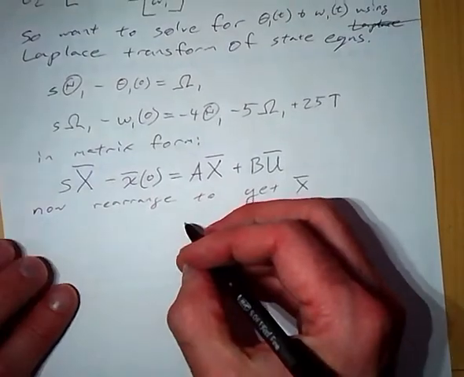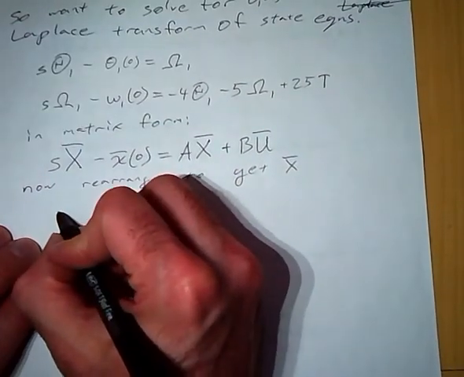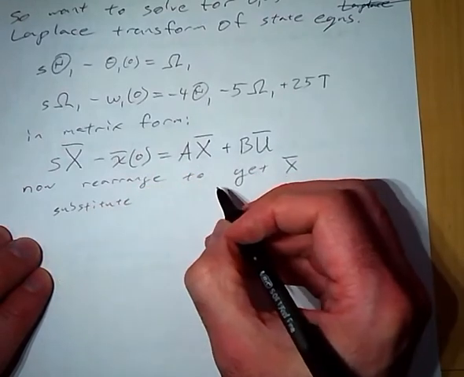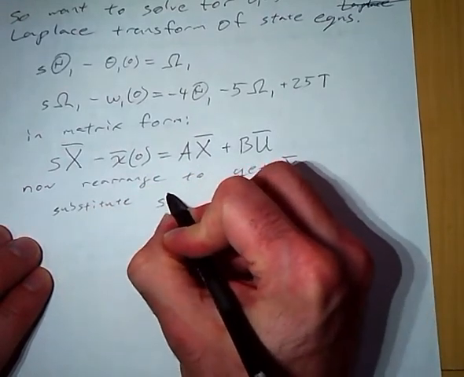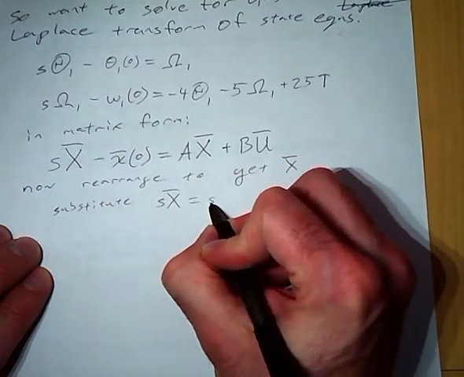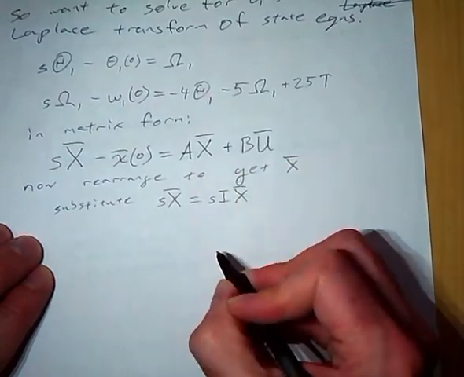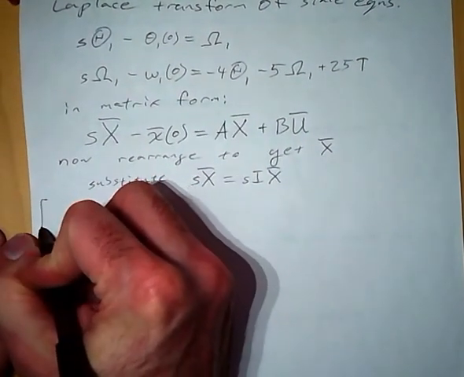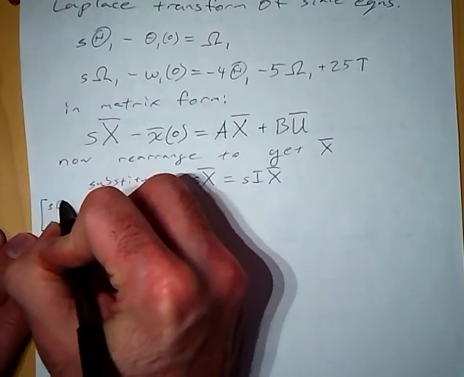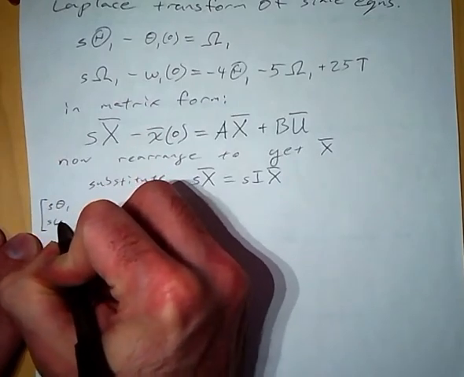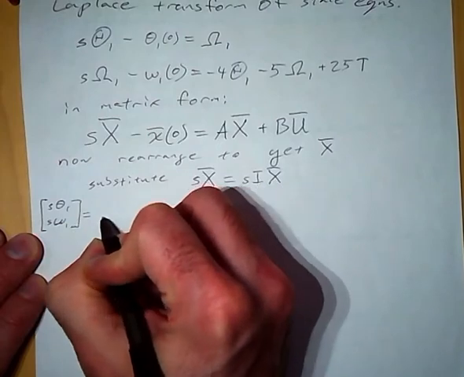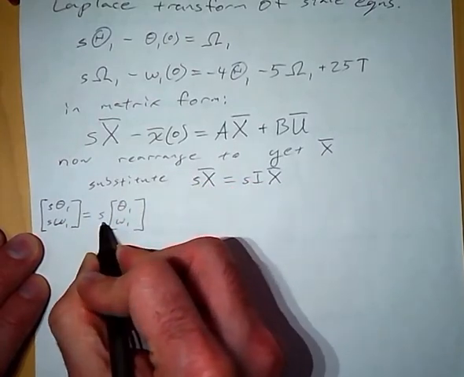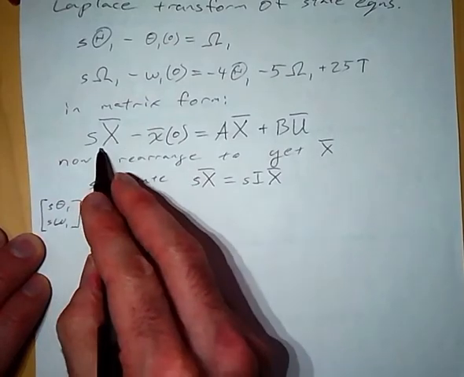So to make that possible, we're going to substitute that S times the state vector is S times the identity matrix times the state vector. And just to show that this is allowable, S times the state vector looks like S theta 1, S omega 1, which we could factor out the variable S, theta 1, omega 1, which is how we had it written here.